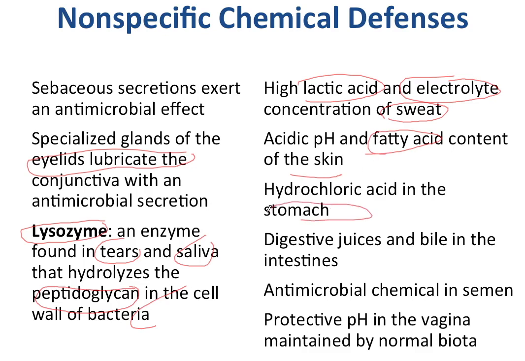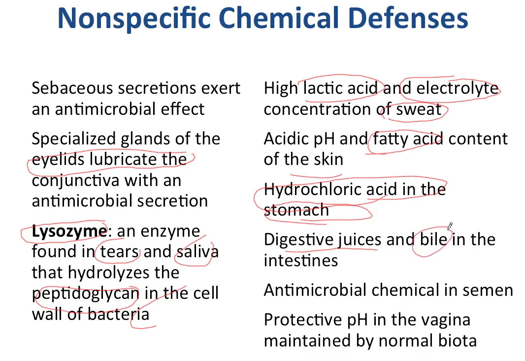Stomach is very acidic too, because the stomach contains hydrochloric acid. So most bacteria can be killed in the stomach, even if we eat contaminated food. Or the intestine, the digestive juice can also kill many bacteria.